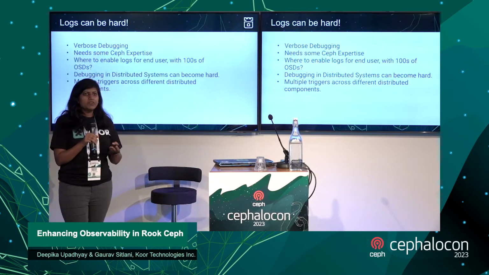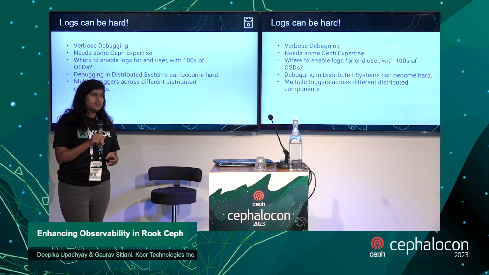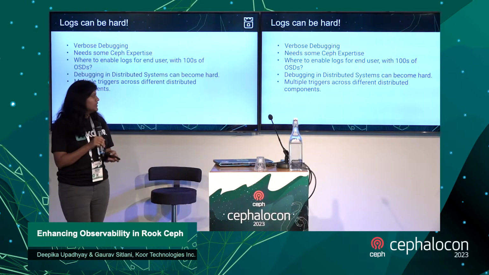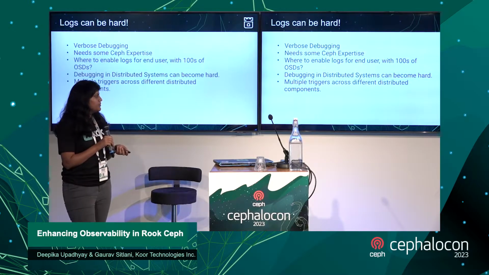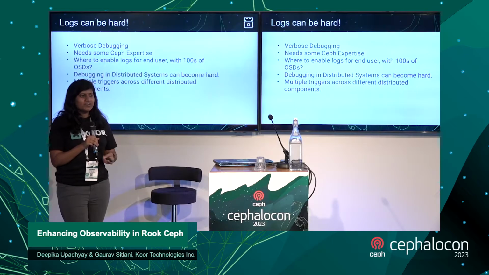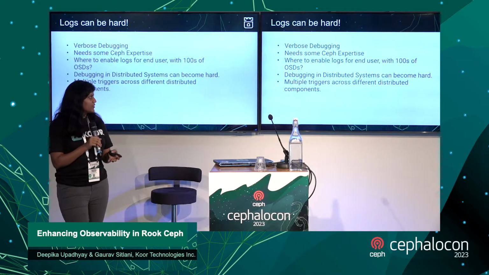If you enable debugging in Ceph, there could be tens of thousands of lines that you might have to traverse to get to the root cause of the problem. Not everybody has first-hand Ceph expertise to deal with such scenarios.